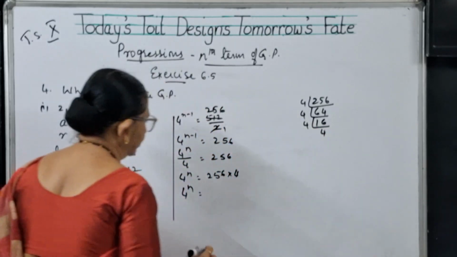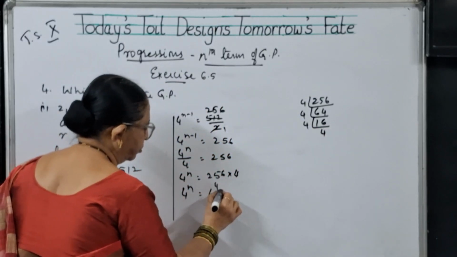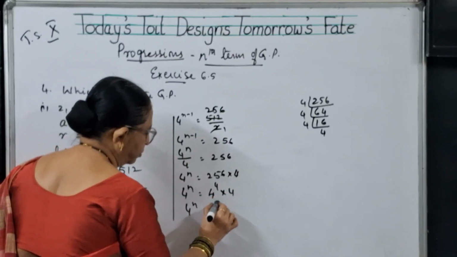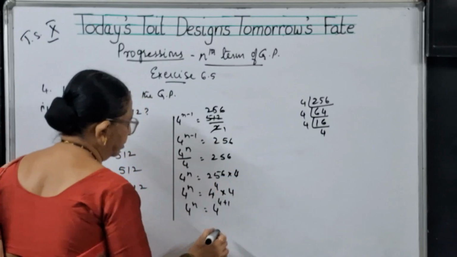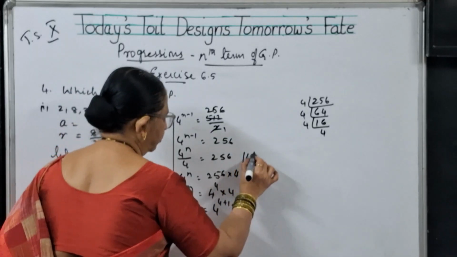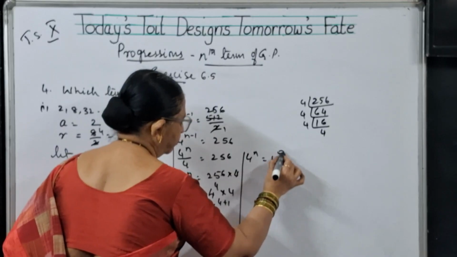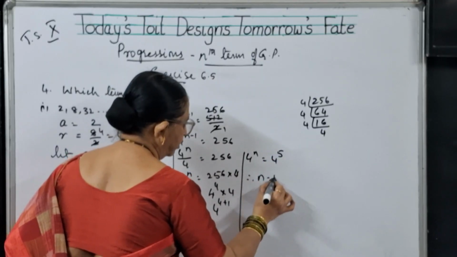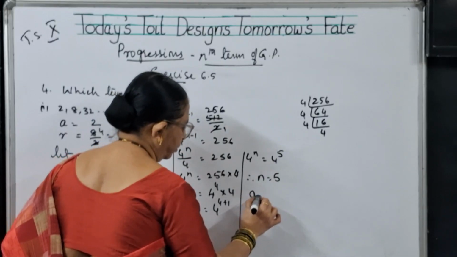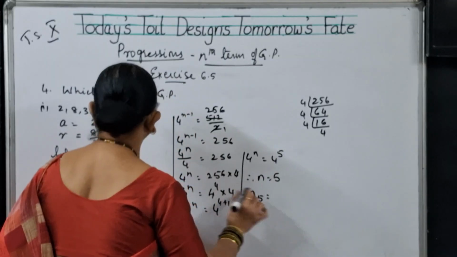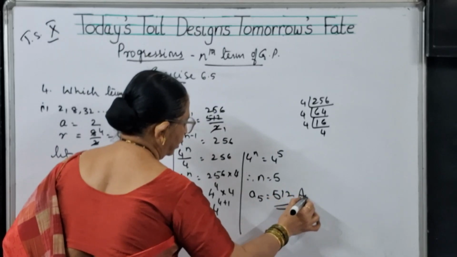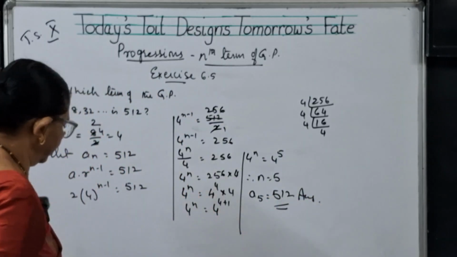So 256 can be written as 4 to the power of 4 into 4. That means 4 to the power of n is 4 to the power of 4 plus 1. Bases are same, and multiplied powers should be added. So 4 to the power of n is 4 to the power of 5. Therefore n is equal to 5. That means A5 is equal to 512. This is the answer for this bit, children.